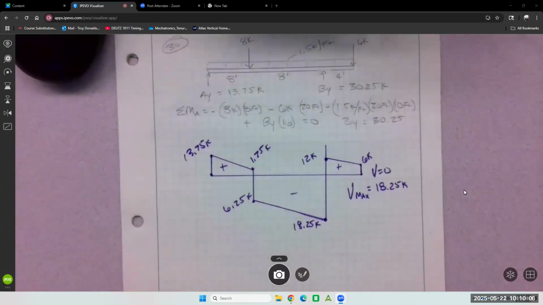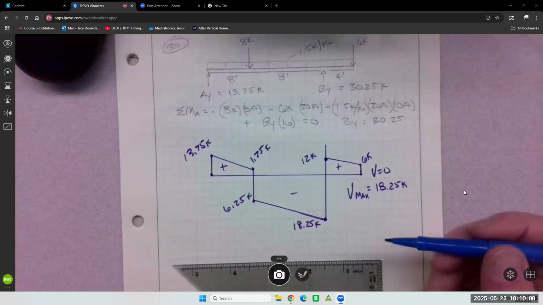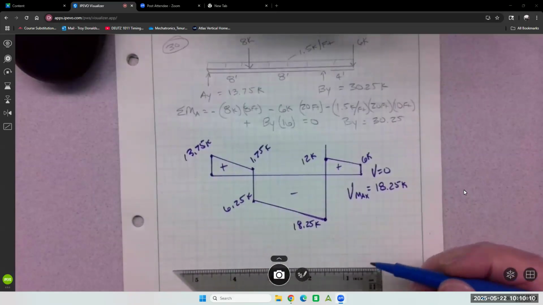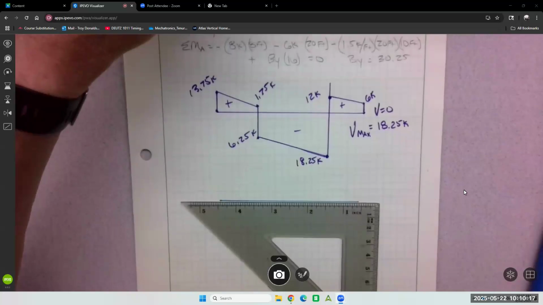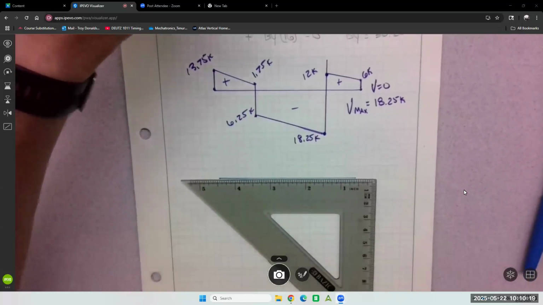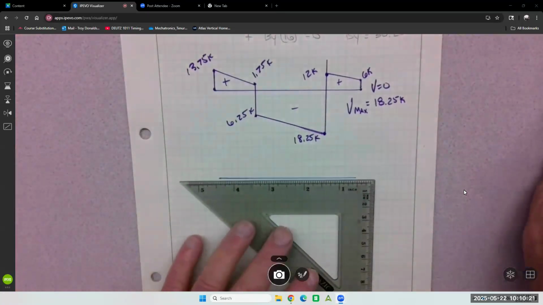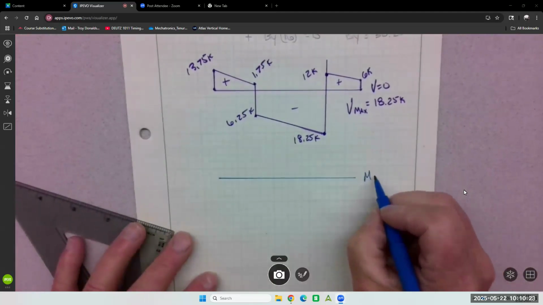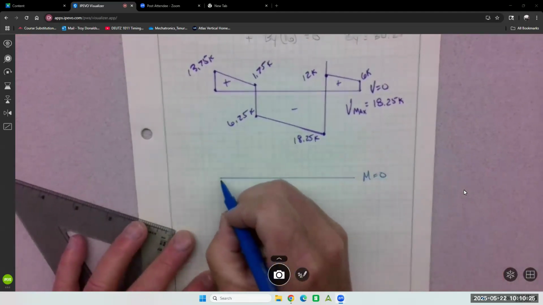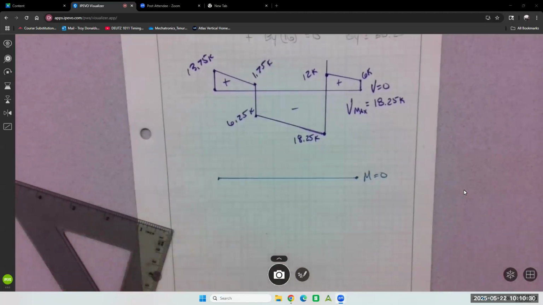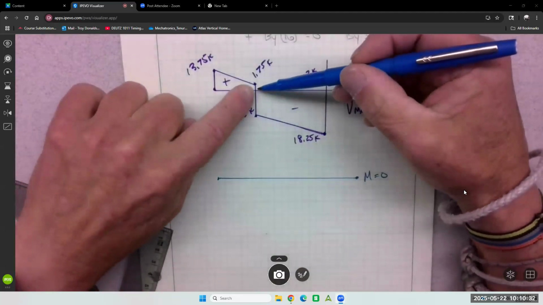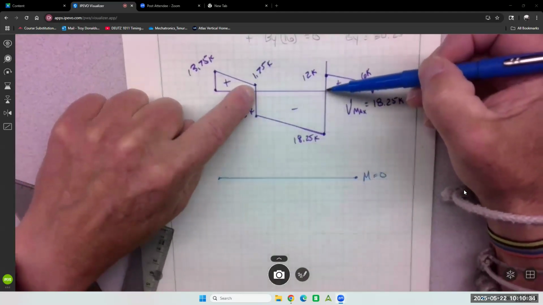All right. Keep going to the moment diagram. Moment diagram you can develop from the shear diagram, starting with our M equals 0. We know there's maximum or minimums here where it crosses 0.